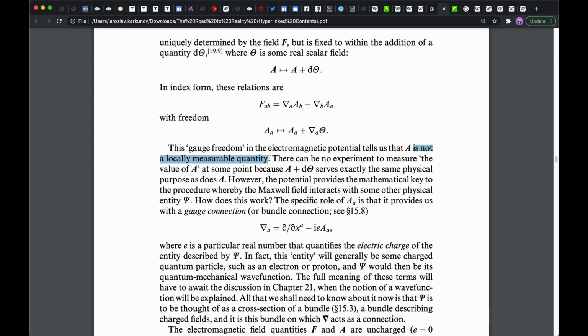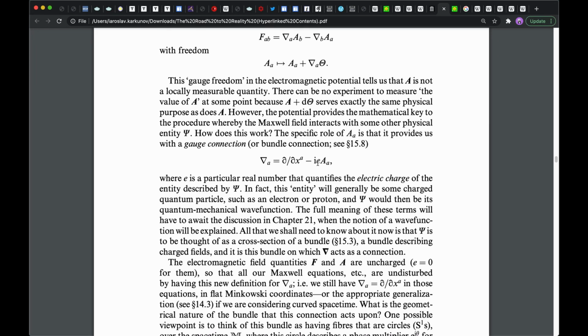However, that potential provides the mathematical key to the procedure where the Maxwell field interacts with the wave function. And it works by using the gauge connection or bundle connection, which is defined by that equation. So basically we have the derivative or gradient here, and we are shifting every part of it by the A here, and that constant e here is a particular real number which quantifies the electric charge in that case.